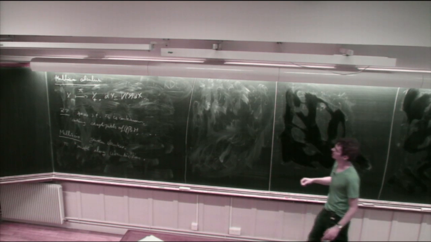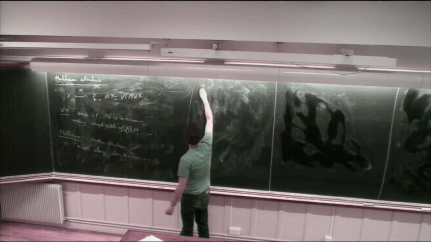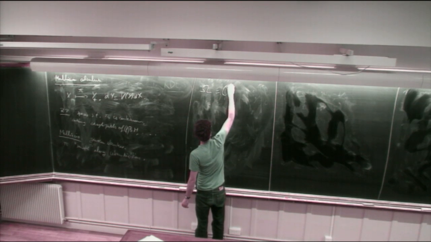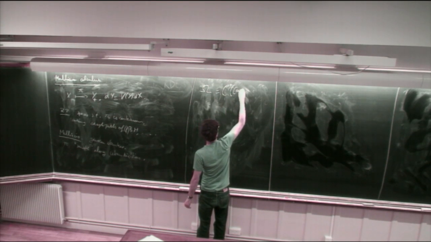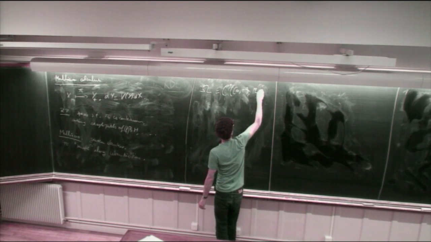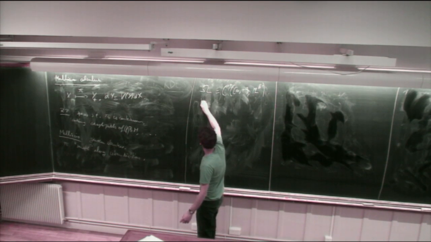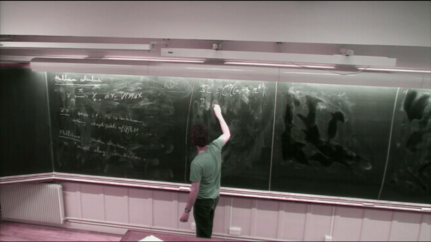So we have our sample space, omega, which here we can just take to be the continuous functions from 0 to T to R^d. And on this space, we have a Gaussian measure. Let's call it P, a probability measure.